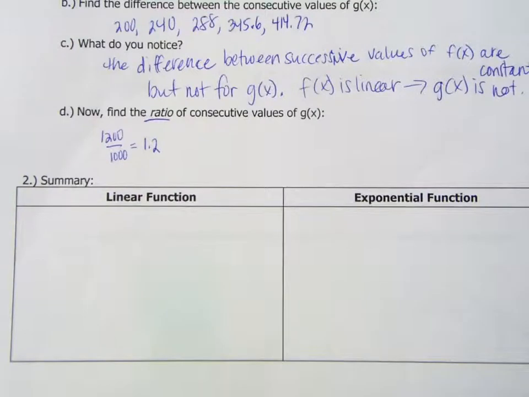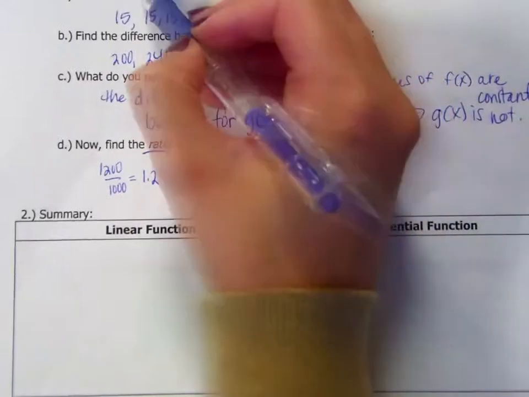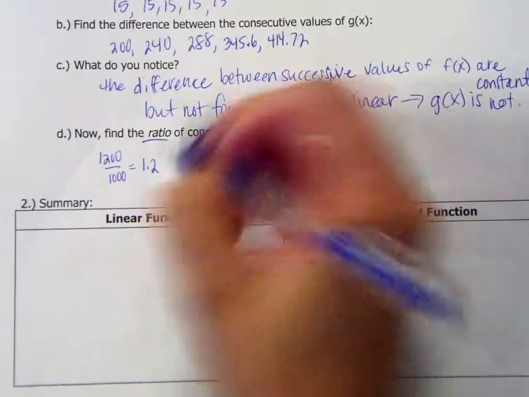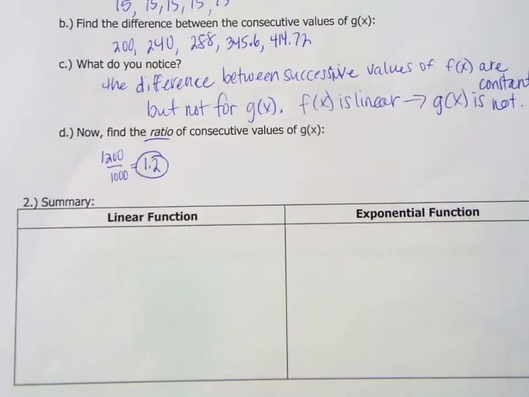Did you put the bigger one on top? Okay, that's why. When you're calculating things like that, make sure you're going from the second one back to the first one. But okay, so we should be getting that all of our ratios are 1.2. That's not just a coincidence.